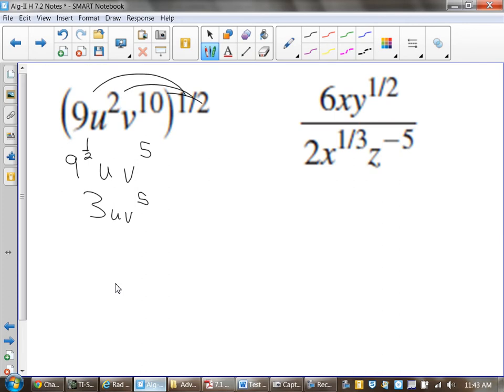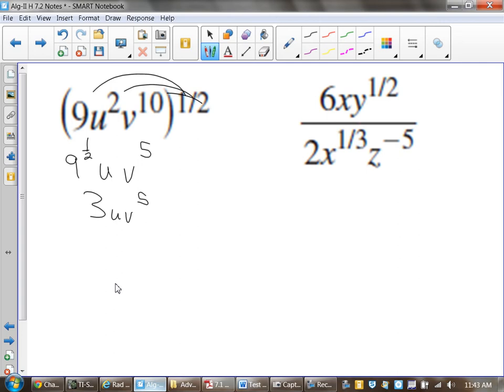So if I have 6y to the half all over 2x to the 1/3 z to the -5th. Whenever I do these big, nasty looking problems, I always do the same steps. I always start with my numbers first. After that, I make all of my exponents positive, and then I simplify.